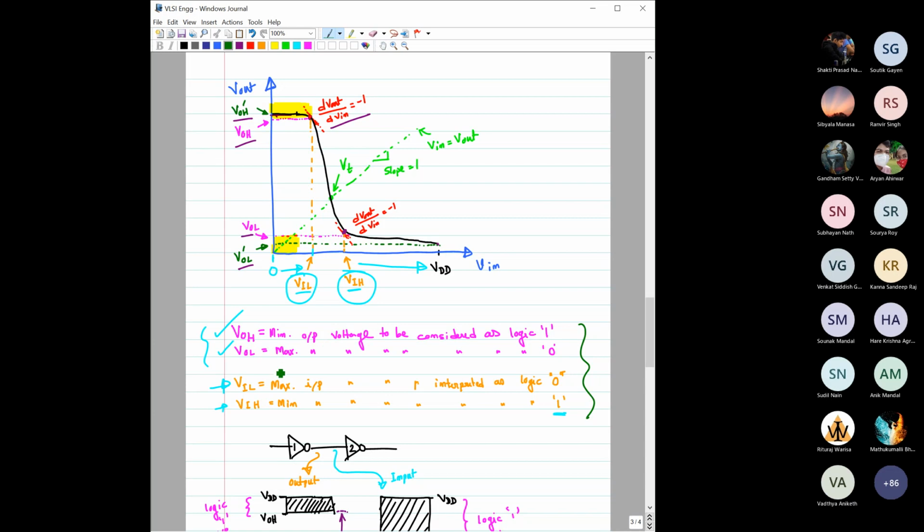So the minimum voltage for logic 1 and the maximum voltage for logic 0 also change as you change your VTC, meaning as you change your design, right? Is this definition of these four clear to you, or do you have any doubt?